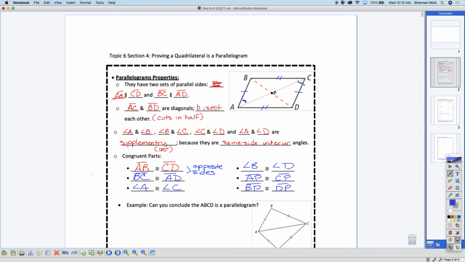If I'm going to talk about this angle here, that would be BAC, wouldn't it? So angle BAC is congruent to angle what? CDA. So, ACD. Remember that the vertex has to be in the middle.